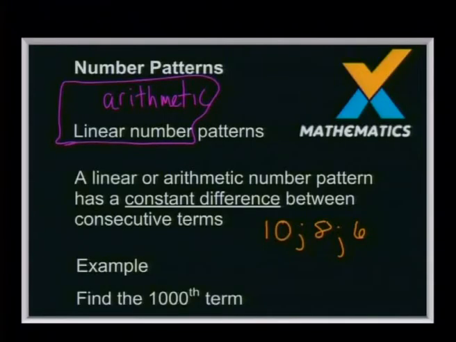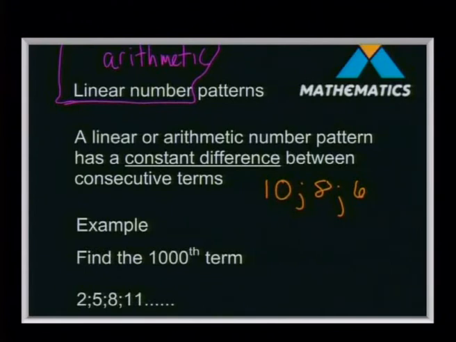Right. Let's have a look at an example of a linear number pattern. So we are told 2, 5, 8, 11, and we are told to find the 1000th term. Now, very important, we first need to make sure what sort of number pattern we are dealing with.